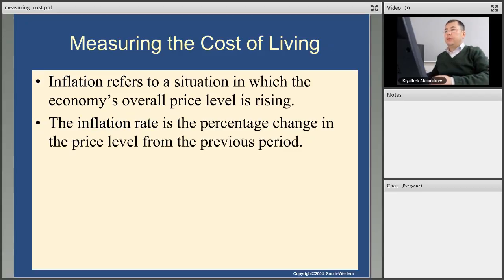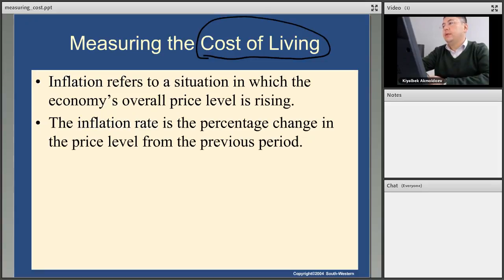This is also very important. So what does this cost of living mean? How to calculate cost of living?